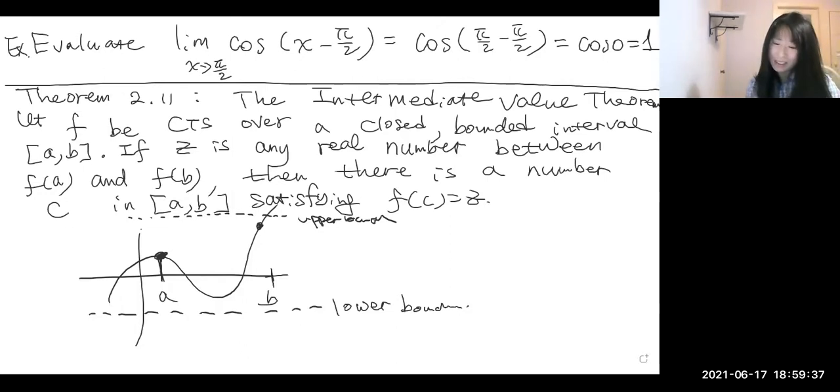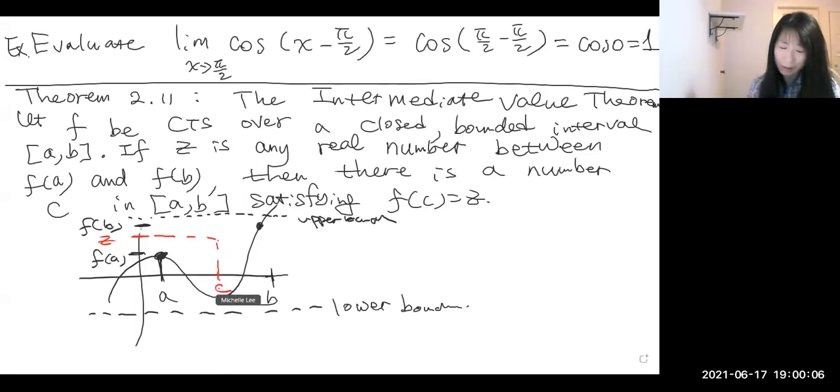Then they say that if Z is any real number between f of A and f of B, right? So this is f of A, this is f of B. Now Z is between there. Then there exists C between A and B, so let us write it down here.